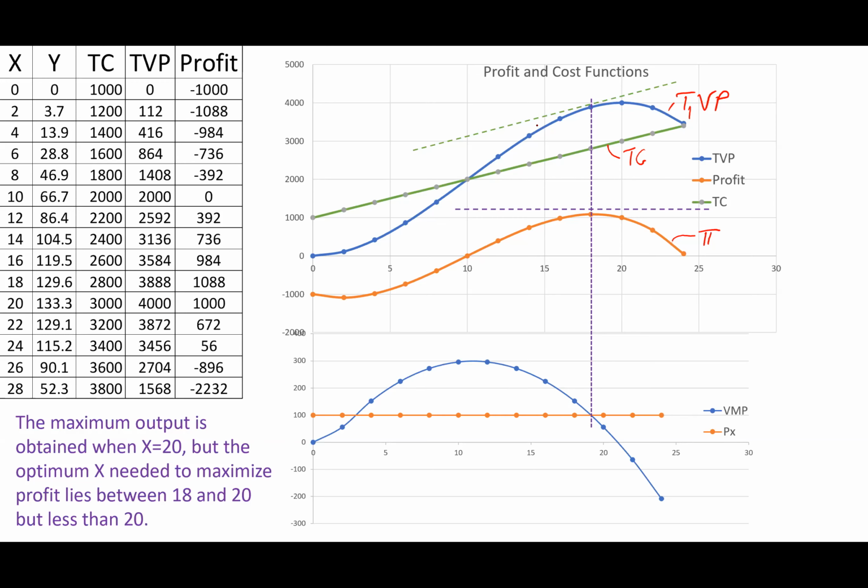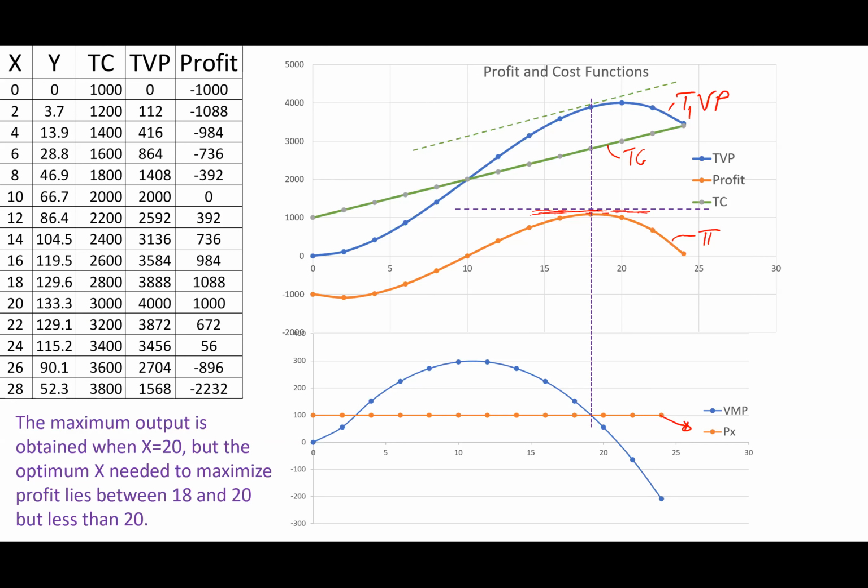So what we are trying to figure out is the highest point, zero slope on the profit function. And knowing that it's the same slope as the price, so this Px is vertical, right?